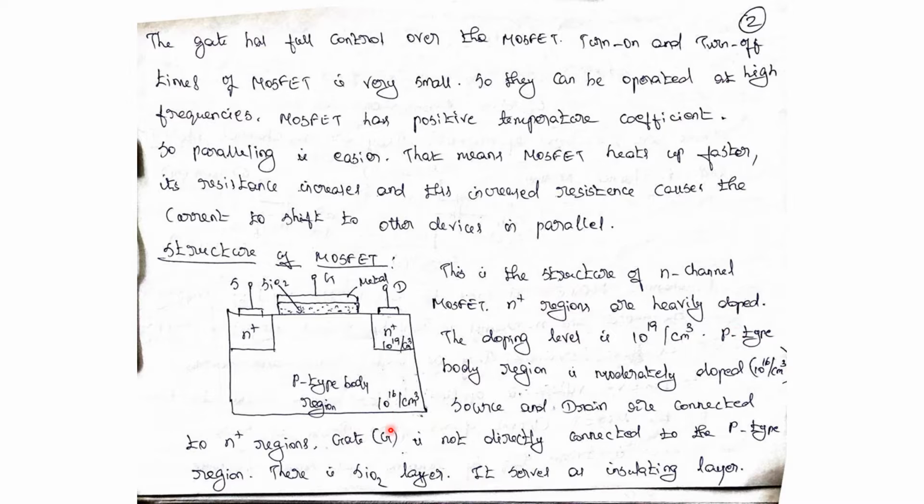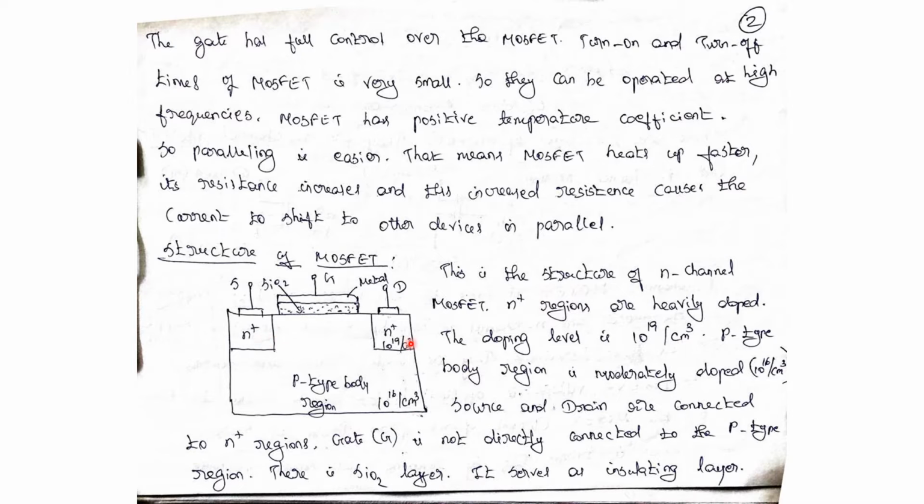Then this is the structure of the MOSFET. This is the P-type body region. These are the N plus regions. N plus regions are heavily doped, that is, the doping level is 10 to the power 19 per centimeter cube. The P-type body region is moderately doped, that is 10 to the power 16 per centimeter cube.